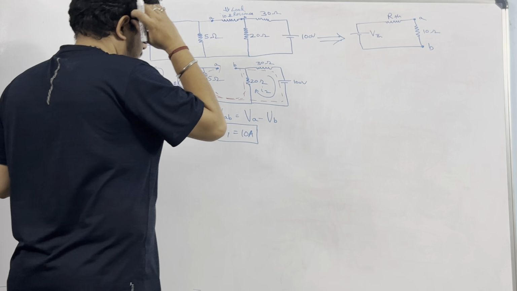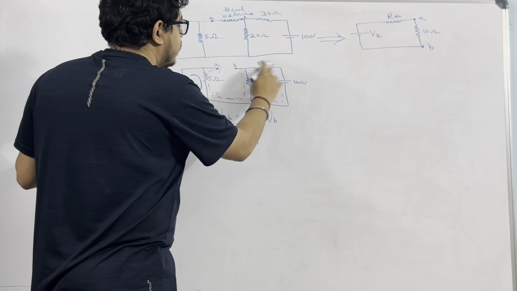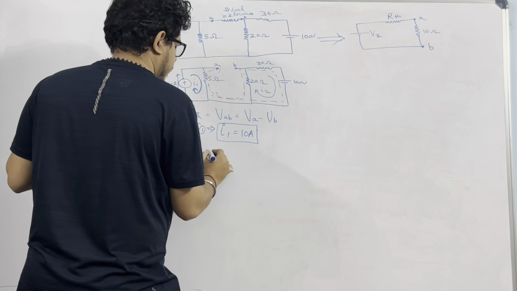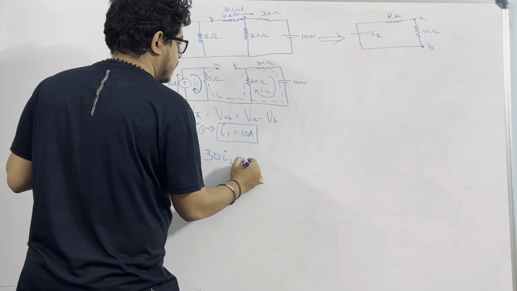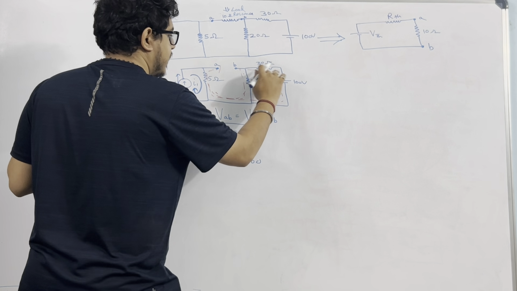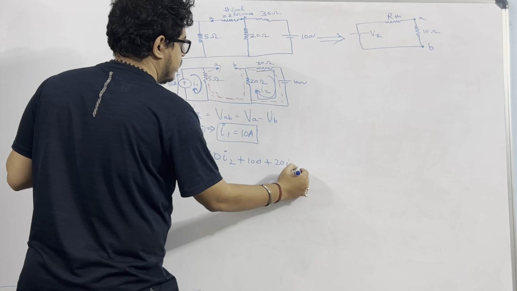Now for I2, write KVL: 30 I2 plus 100 plus 20 I2 equal to 0.